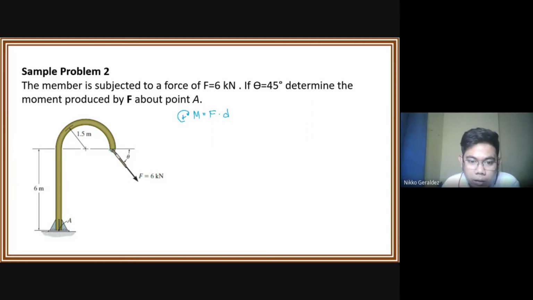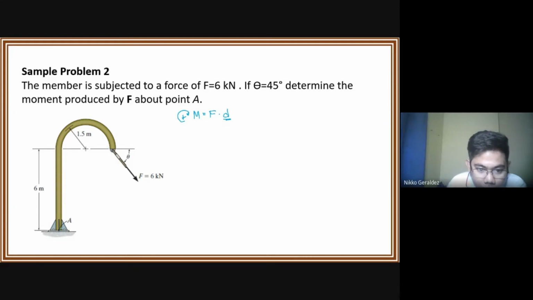So, pag hanapin natin yung perpendicular distance nito, medyo matatagalan tayo. So, hindi convenient na gamitin natin yung perpendicular distance to solve for the moment at point A. So, hanapin mo yan. So, what is the perpendicular distance?